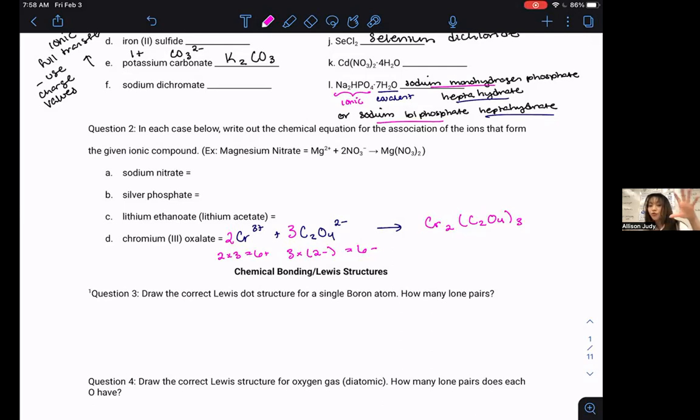But once they're in a bond, I turn those larger numbers, which we call coefficients, into small subscripts to represent the ratio for this compound. This now indicates the law of constant proportion, the ratio of atoms bonded together. And notice I did write parentheses here, because it's not C2O43. I need 3 groups of C2O4.